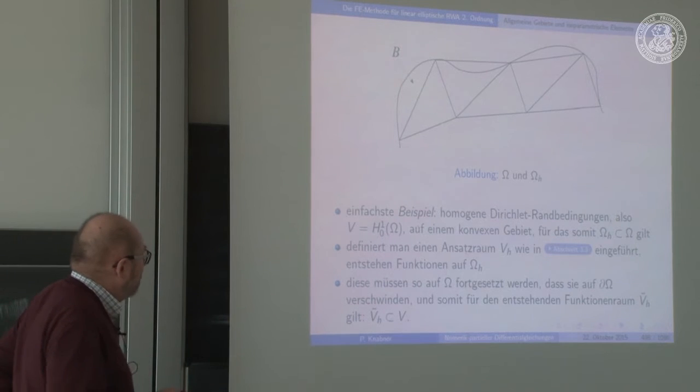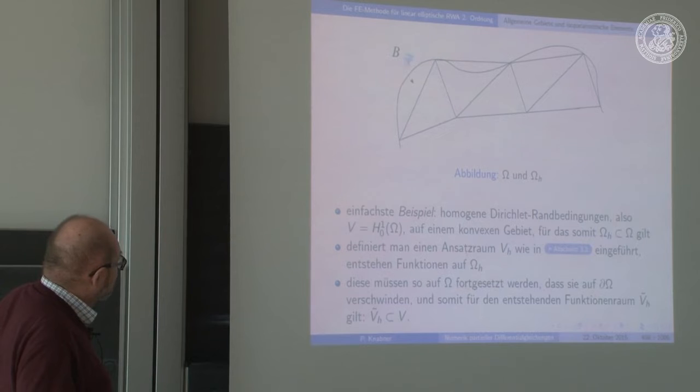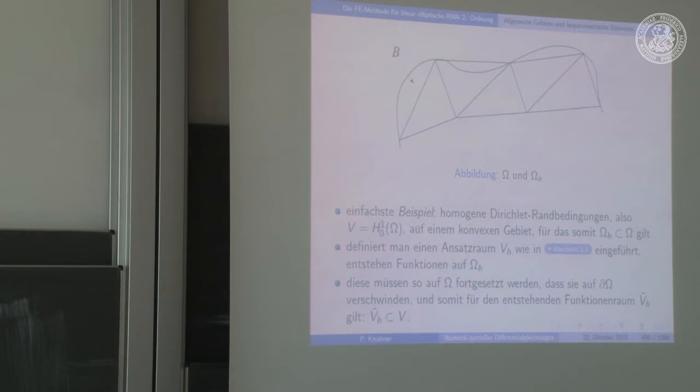So one way in this situation is that we formally extend our ansatz functions. And you see what we're doing. Let's only talk about this simple 2D triangle situation.